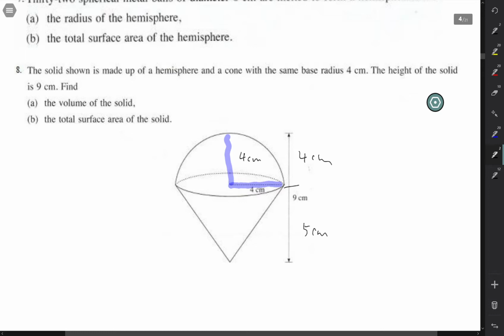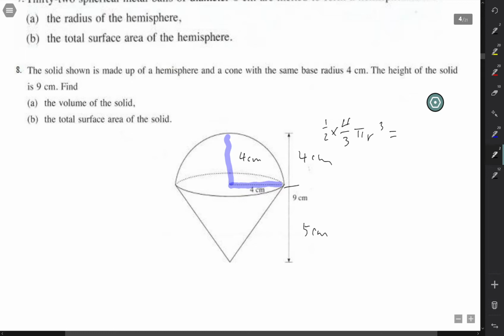Next, to find the volume of the solid, of course there's two parts to it. The first one is the hemisphere. So the formula for the hemisphere is 4/3 pi r cubed, and we need to multiply by half.